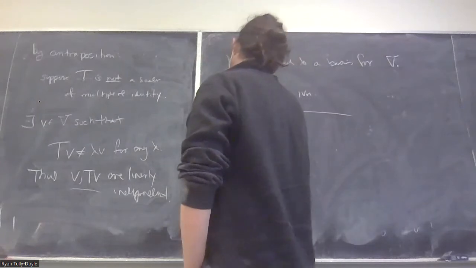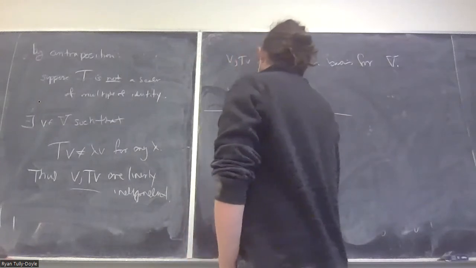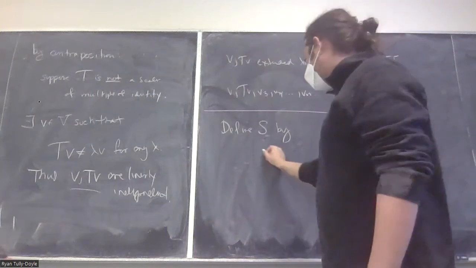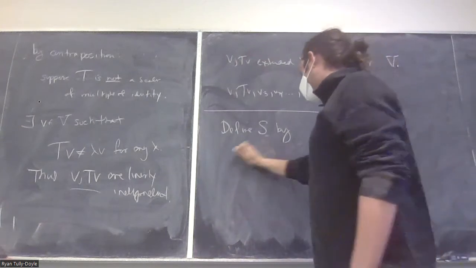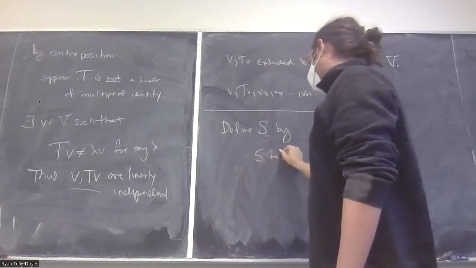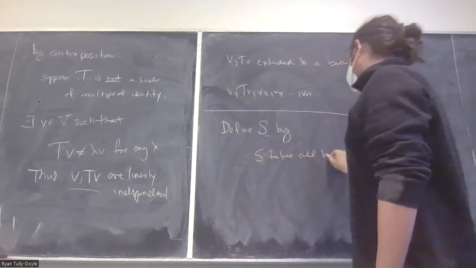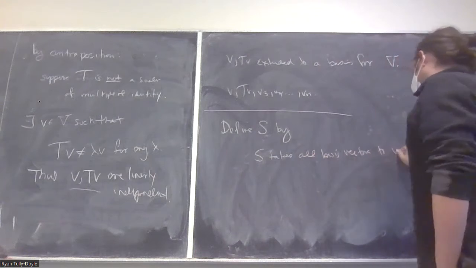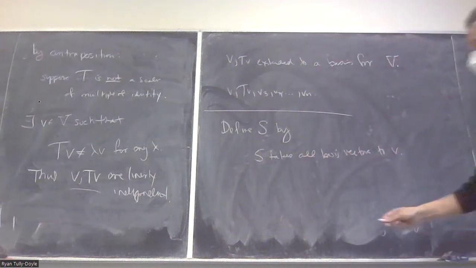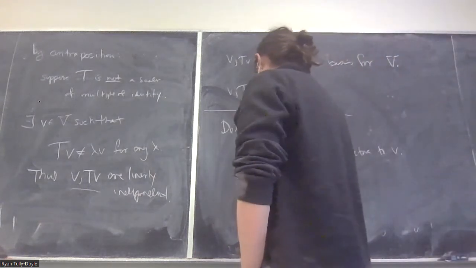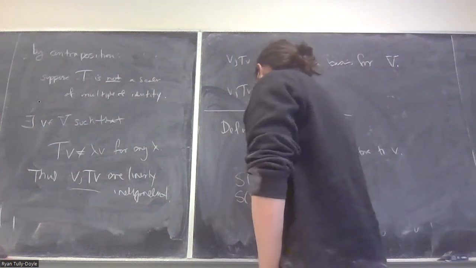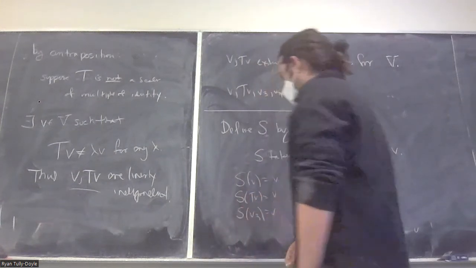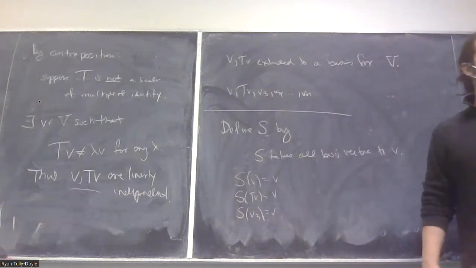Define S by, let's see what you're going to do here. S takes all basis vectors to V. What I mean by that is SV is equal to V, and S(TV) is equal to V, and S(V3) is equal to V. S is not a very interesting operator.